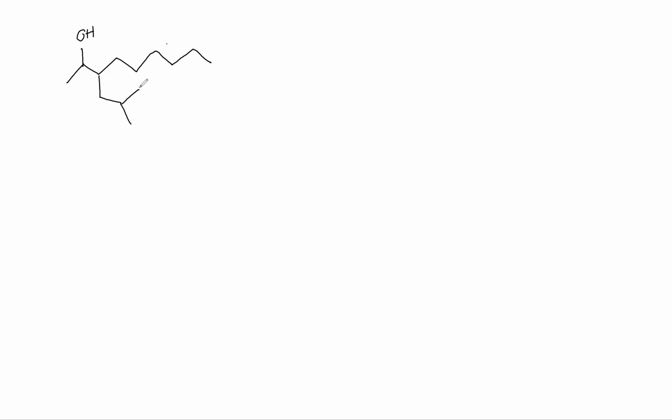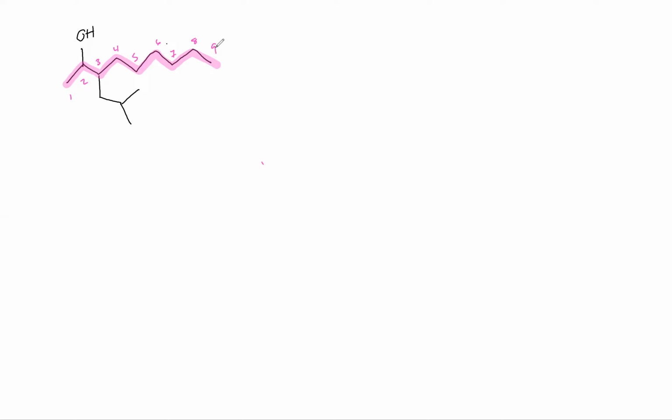Okay, so to name this, of course, first you're going to want to find the parent chain. So that'd be this one right here, 1, 2, 3, 4, 5, 6, 7, 8, 9. And then you're going to want to number the parent chain, giving the substituents the lowest number possible. So obviously, it would number from this side, 1, 2, 3, 4, 5, 6, 7, 8, 9.